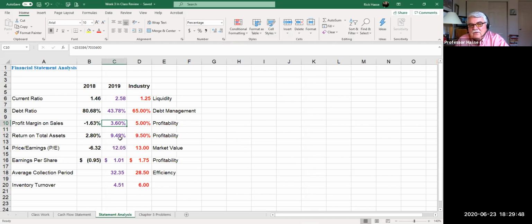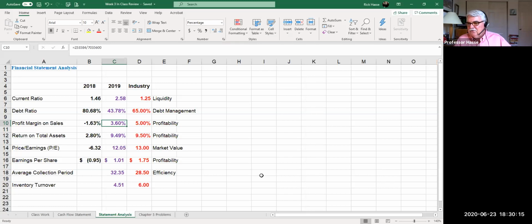For every dollar of sales, they made that profit margin. Naturally, you want that to be fairly high. You want to have a good profit margin. But some industries can't have high profit margins. Retail industries, for example. Walmart, Costco, Target make only about 2, 3, 4% on every sale.